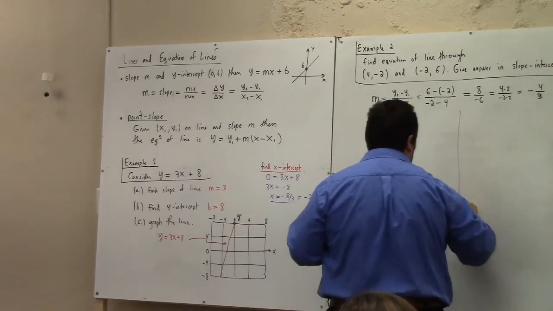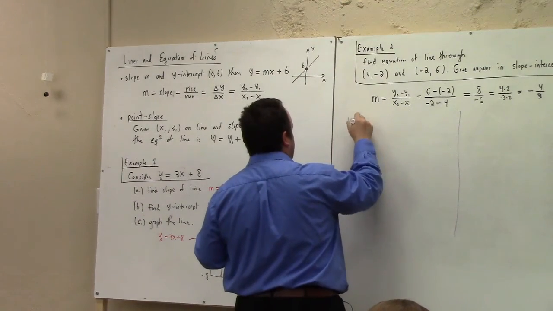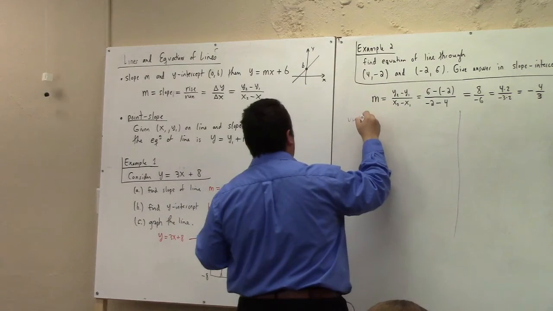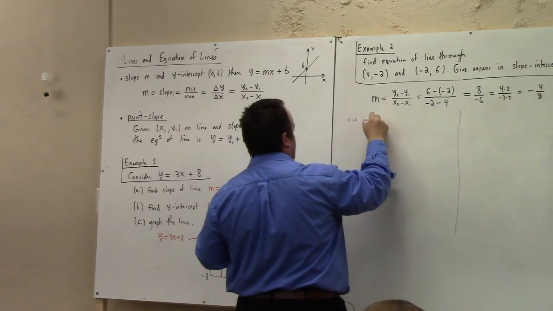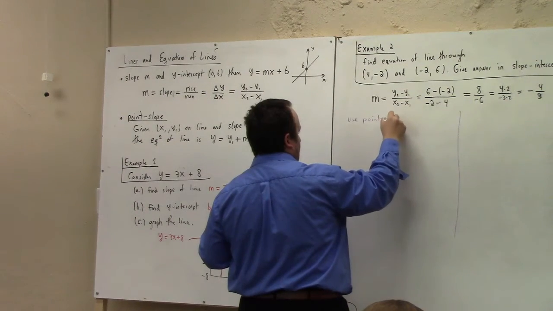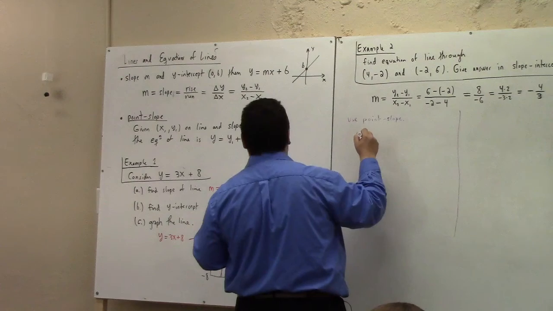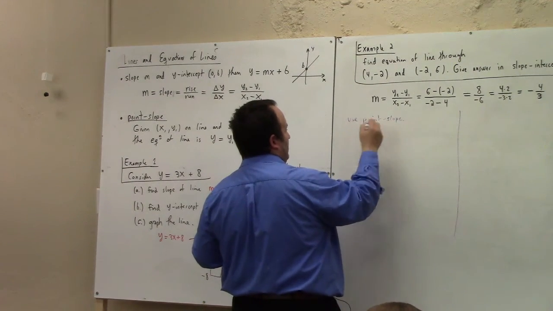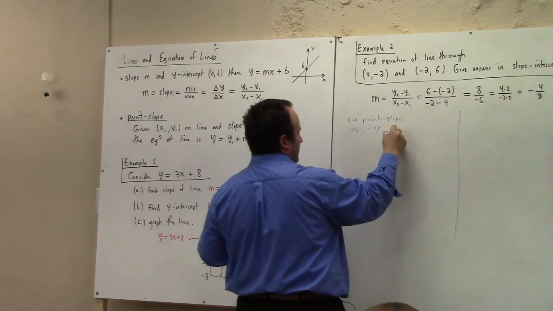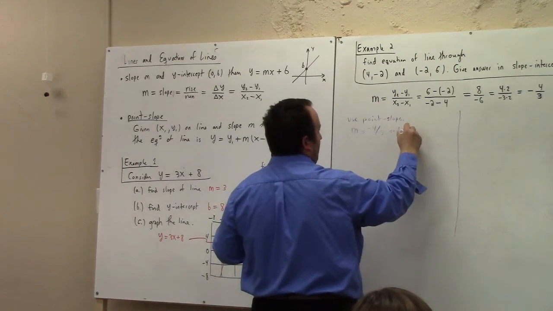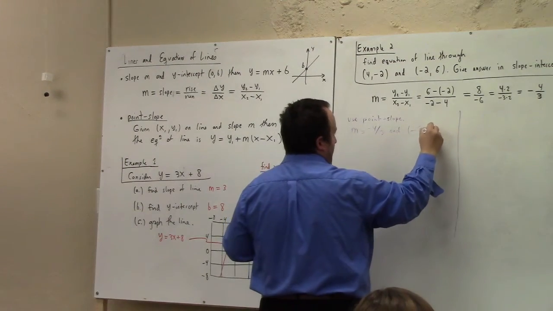So here's what I've typically been doing in here. I use point slope. Oh man, this marker is not long to live. Really? This is new. So I'm going to use point slope. I've got m equals minus 4/3. And you can pick either point you want. I'll use the minus 2, 6 point.